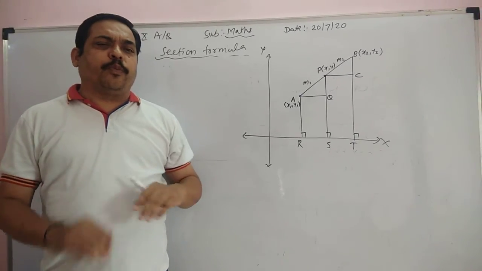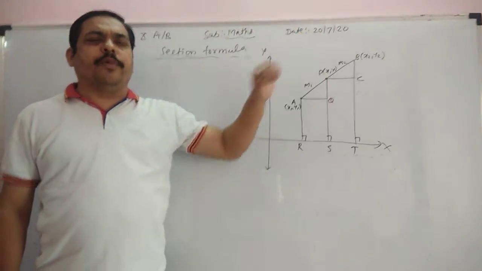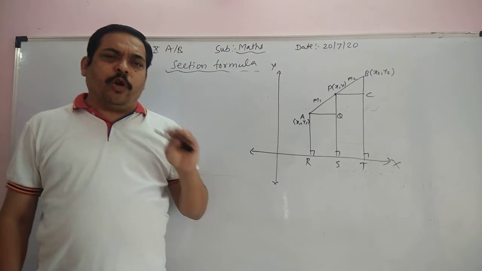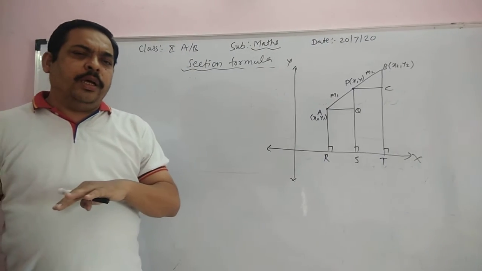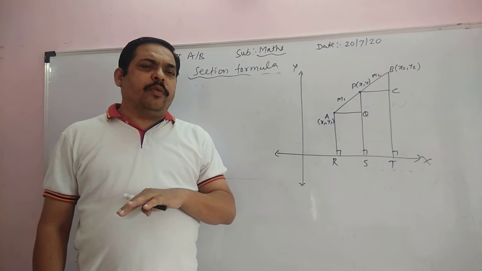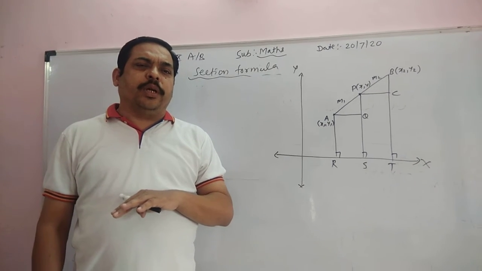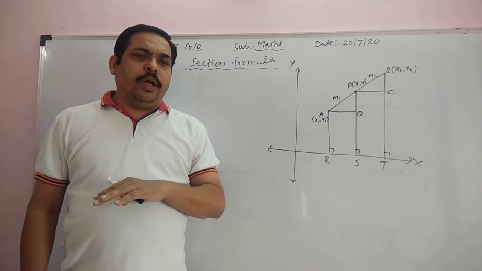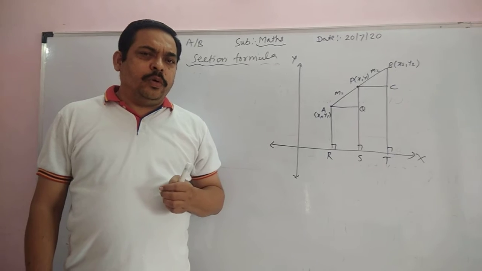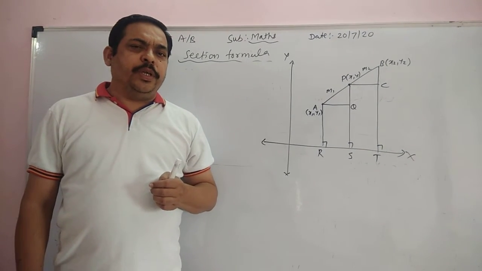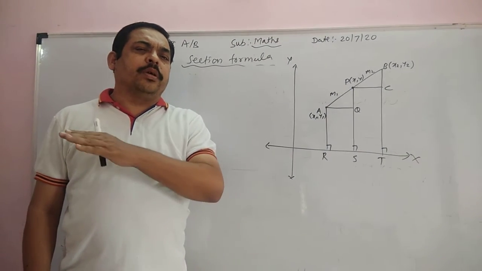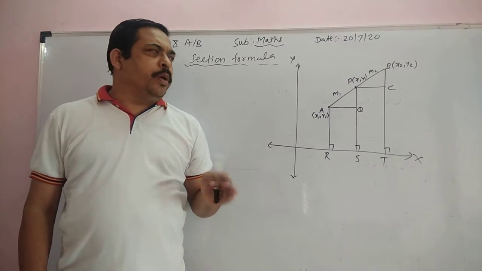First we consider the coordinates of point P are (x, y). Here we have to find the value of x and the value of y. That value is x is equal to m1 x2 plus m2 x1 upon m1 plus m2, and y coordinate of that point P is equal to m1 y2 plus m2 y1 upon m1 plus m2.